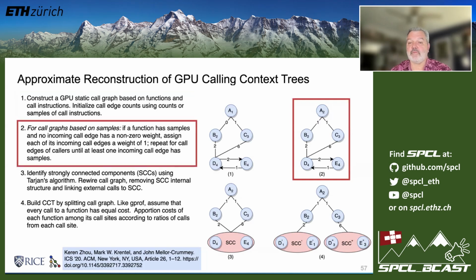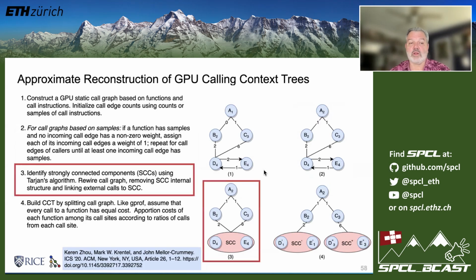For measurements using samples, we might take some sample in some procedure B where we never actually sampled the call instruction, because we're sampling. In that case, we can tell we were in B, so we must have crossed this edge from A into B, because that's the only way that you can reach B. So we do a little bit of data flow analysis and propagate some costs around.